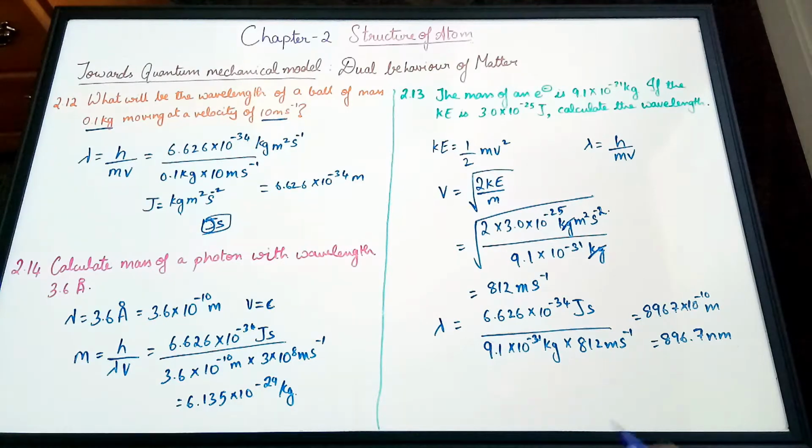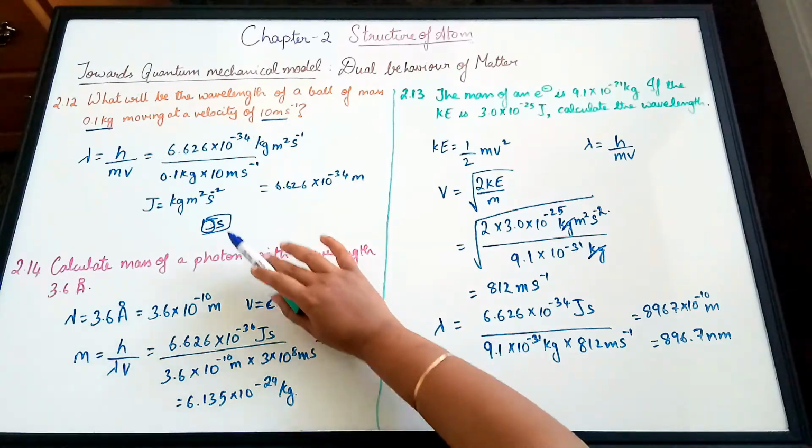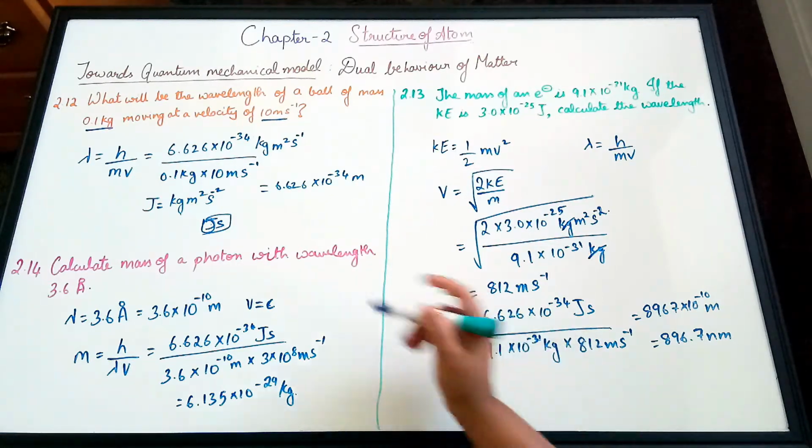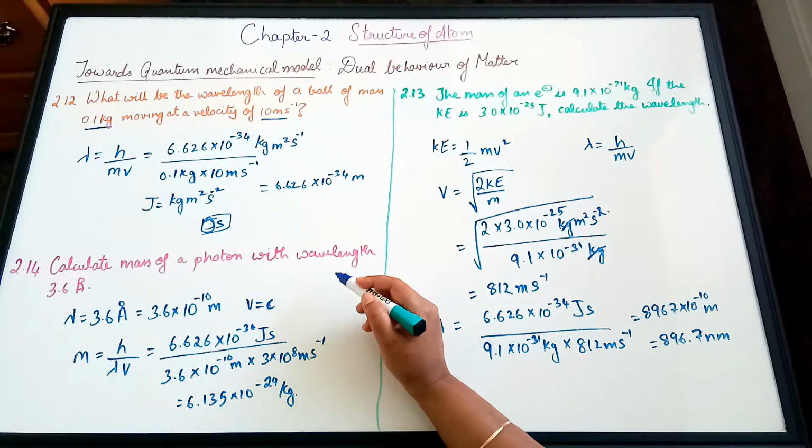Here we know that joules is kilograms meter square second to the power minus 2, and we're basically simplifying it, cancelling the units, and that in the end will leave us with kilograms behind.